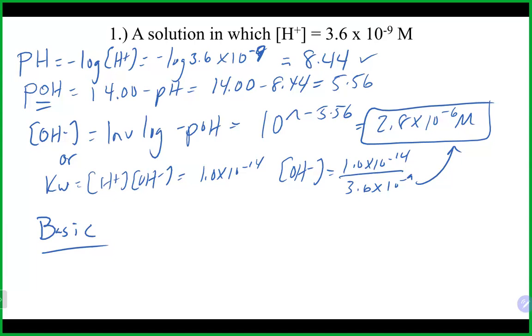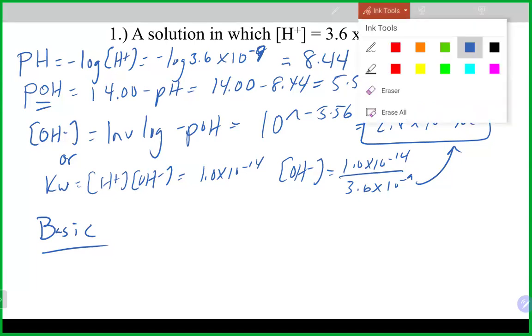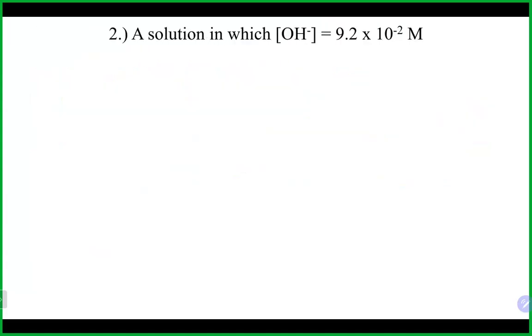All right, then let's take a look at the other one there, where we were given the OH minus. So again here, options: you can use KW to get the H plus. In this case, you could also just go right into the pOH, and I could do that because I am given the OH minus concentration.